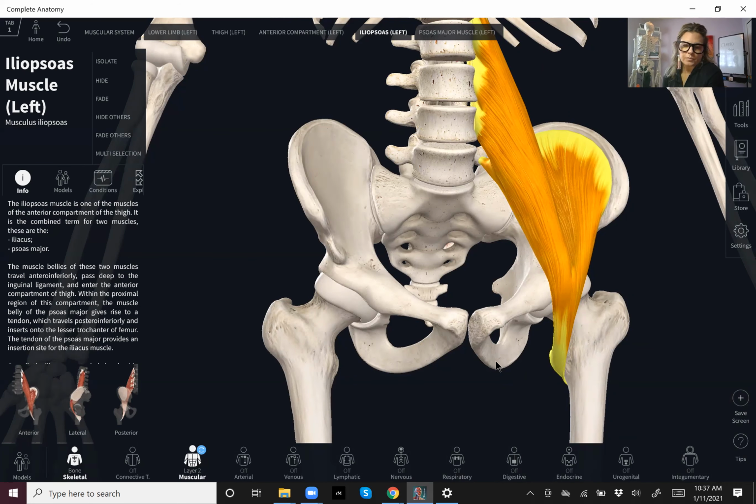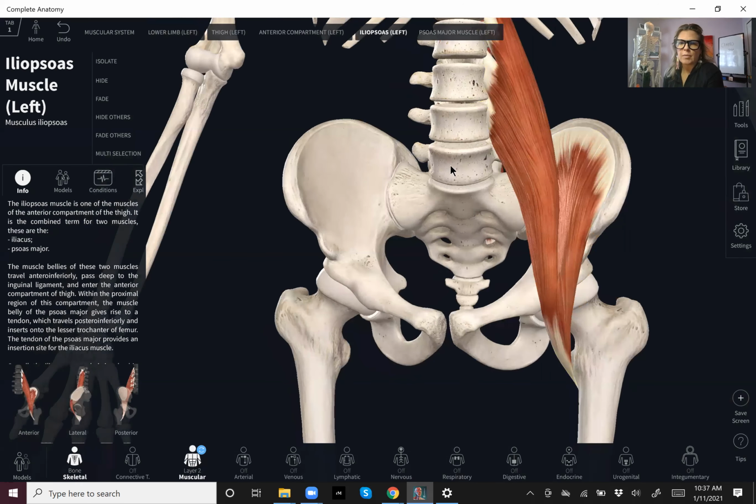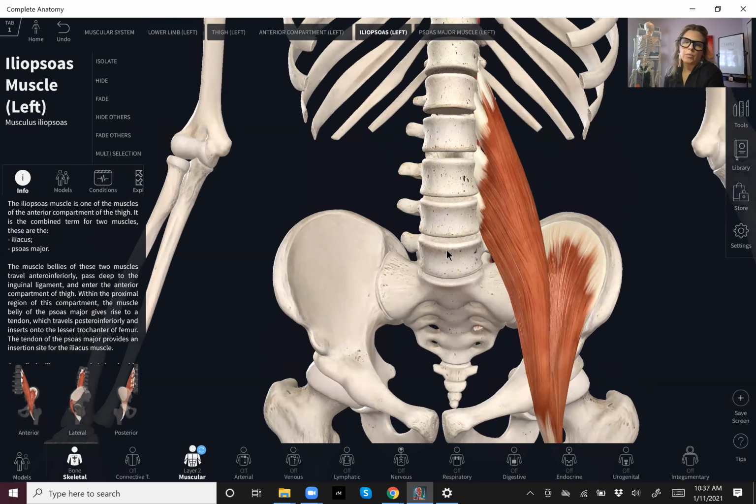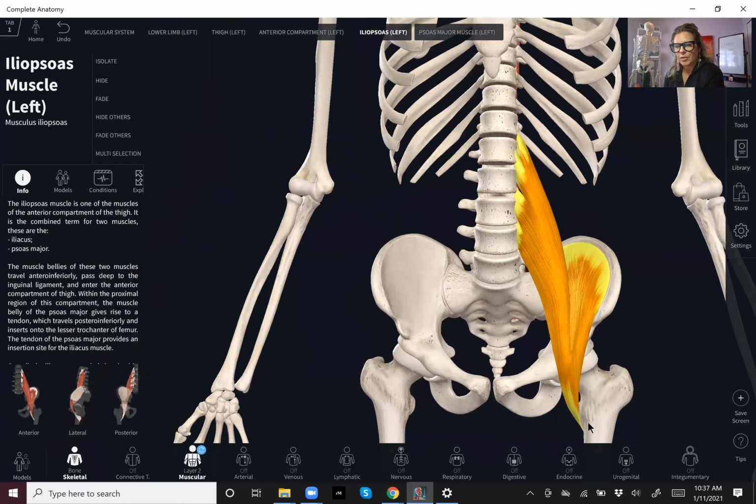And now we're just talking about this here in terms of postural muscle. And then when we get down into some other movements that we're going to look at, the psoas will come into play again. Because as you can imagine, just look at where it runs, right? So it runs here down to the femur.